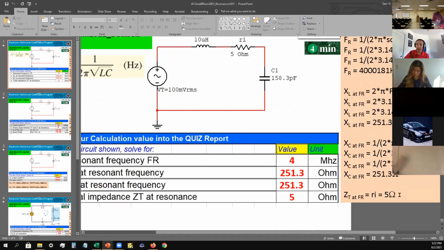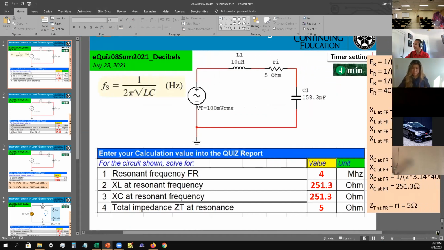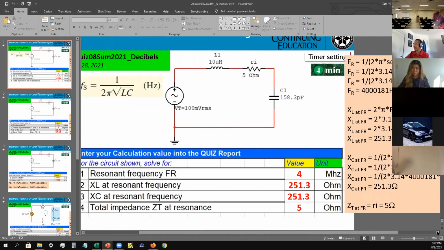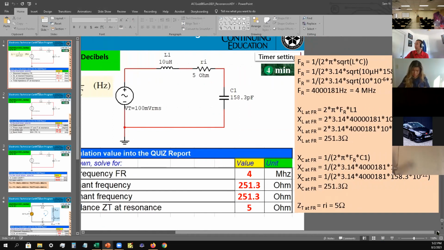Any questions on number 1, 2, 3, or 4? Okay, so that's how to do the calculation. Any questions on this? No questions? Next one.